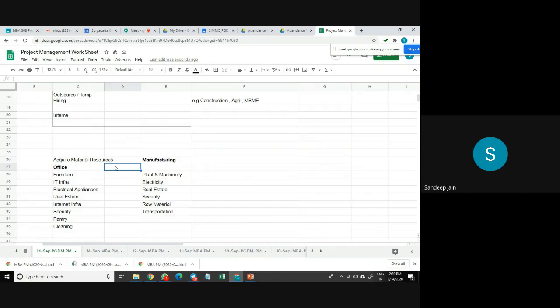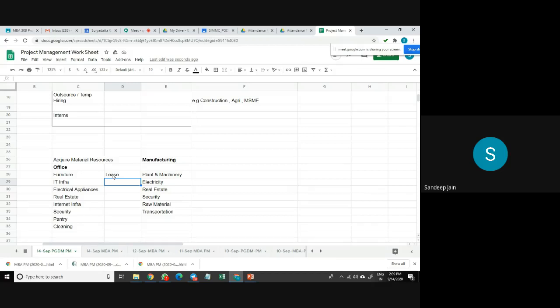So they are going to lease it. When they lease it, everything comes together with it. They might specify a few things, but otherwise the owner of the real estate will provide everything.